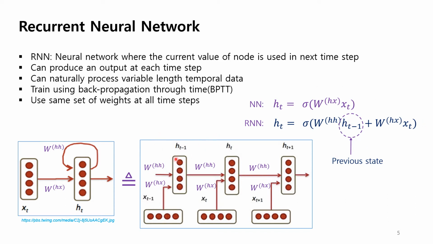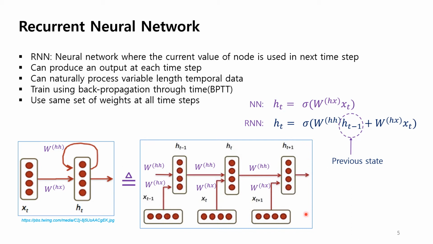If this hidden layer generates a frame, and the next one generates a frame, then this RNN now generates videos. And if this hidden node generates one word, and this one generates one word, then this whole RNN generates a sentence.